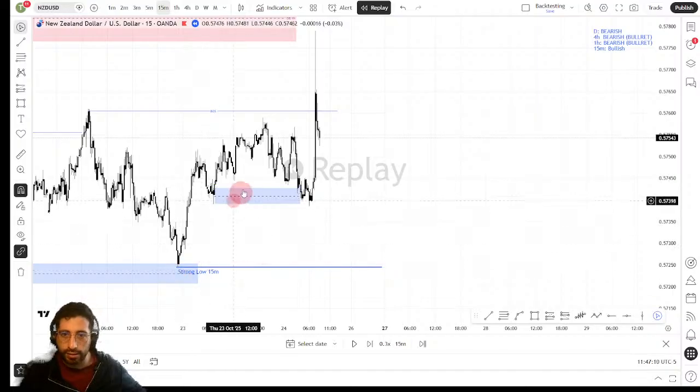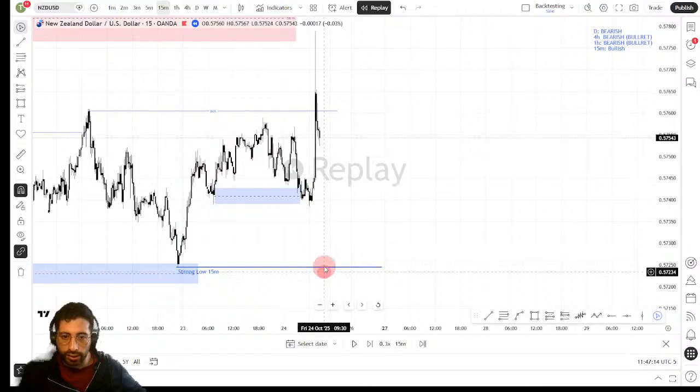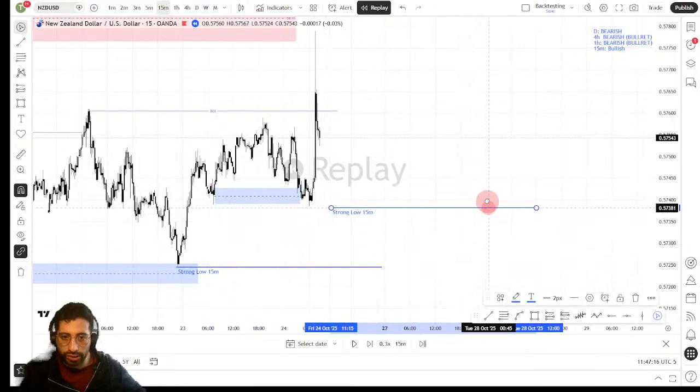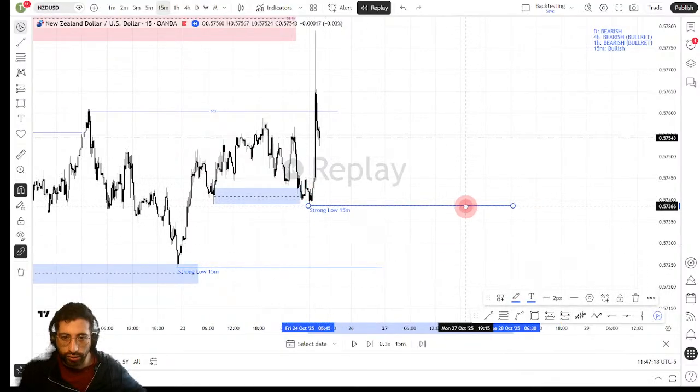And then we got a breakage of the structure. Now, this low also fulfills the conditions of liquidity sweep and break of structure.